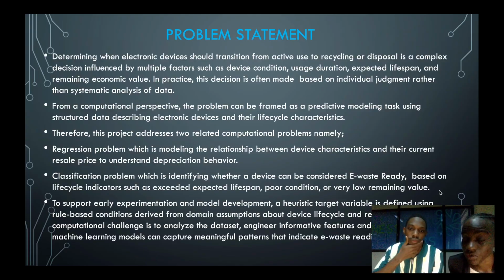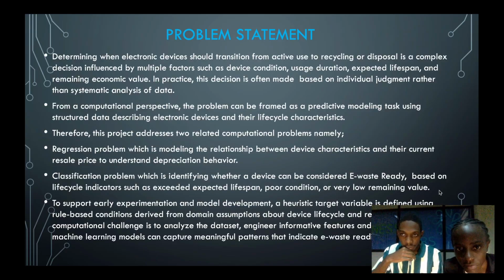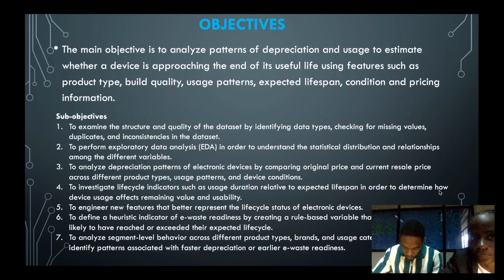So in this project, we have two major problems, that is the regression problem and the classification problem. The regression problem, here we're looking at the relationship between the device characteristics and its current price to know whether it has depreciated, how it has depreciated. Then the classification problem, we identify whether a device can be considered e-waste ready based on the life cycle indicators.